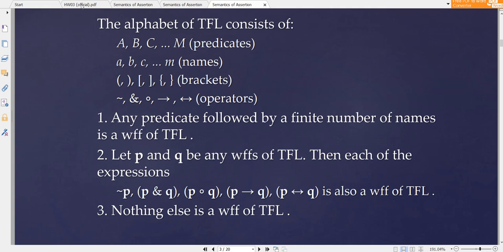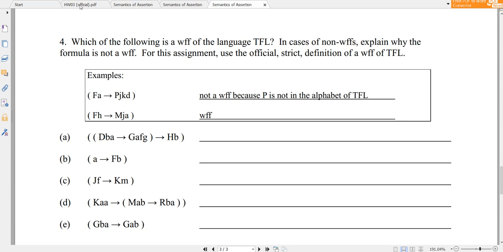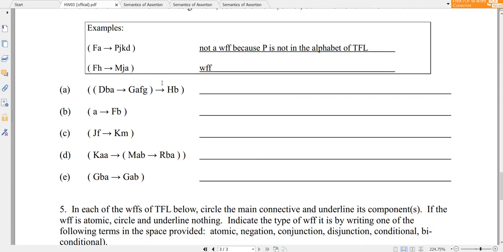So given those rules, you just kind of slavishly follow them when you're looking at this. And if you look at the example here, you can see that P is not allowed in our alphabet, so that's not well-formed. But this one is. This one follows the rules just fine.